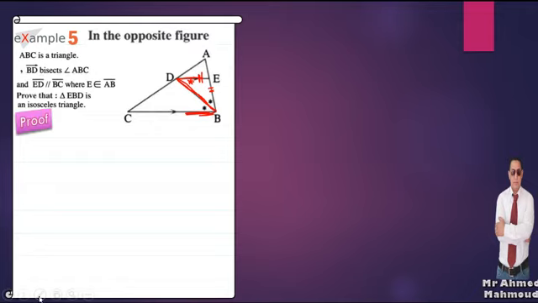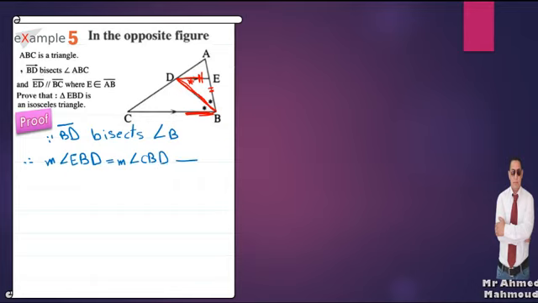Okay, the proof: since BD bisects angle B, therefore measure of angle EBD equals measure of angle CBD, and this is number 1.